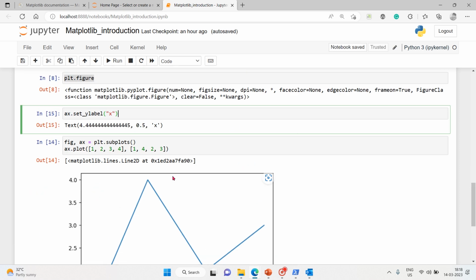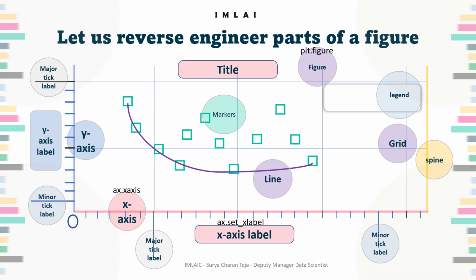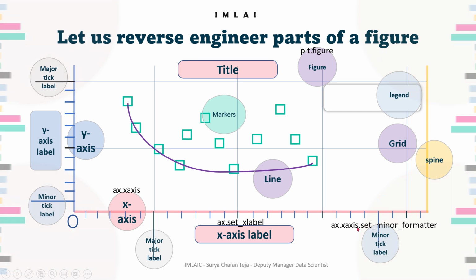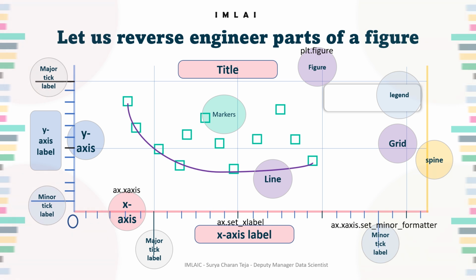Anyway, all these things we'll be doing, but for now we'll just look into how we can use the methods of matplotlib on the components of a figure. Then for the minor tick, if you want to format the minor tick label, we'll use the x-axis, and inside that x-axis, set minor formatter. So x-axis is a module, and that module again consists of set minor formatter. I'm going to show you that.